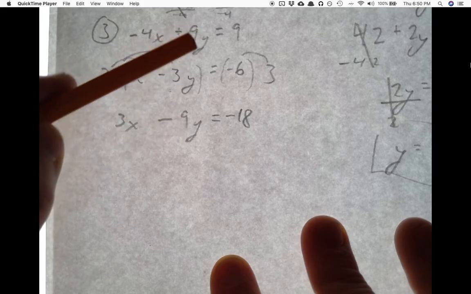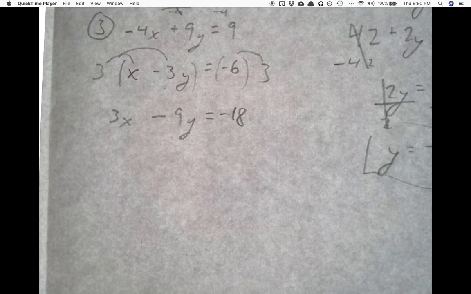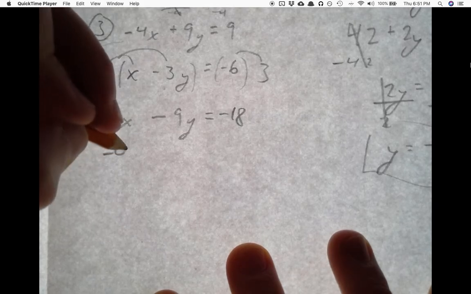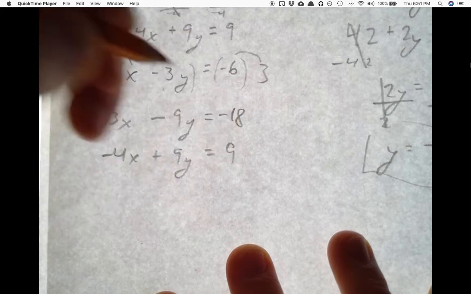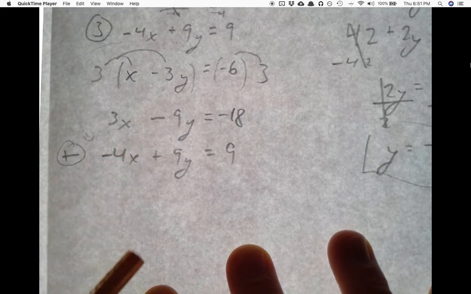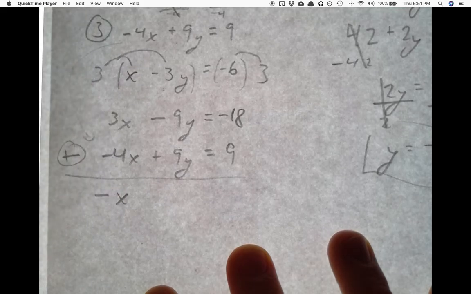I can add these two together to eliminate the y's, and I'm pretty much halfway done with the problem at that point. Again, I'm just going to bring this down so it's not too confusing when I'm adding. Negative 4x plus 9y equals 9. I get to add them together because I have the signs being opposite. That's kind of nice. 3x plus negative 4x is going to get me, again, a negative x.